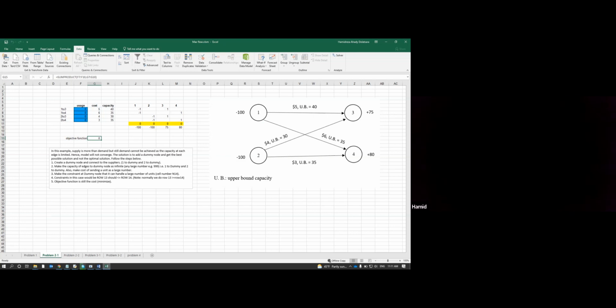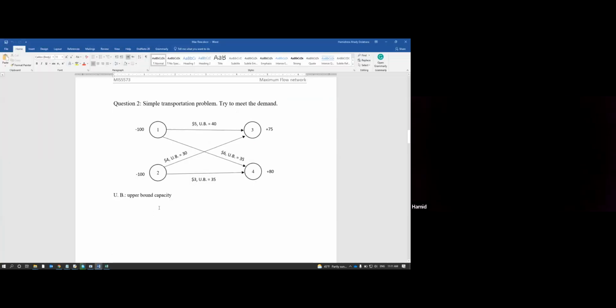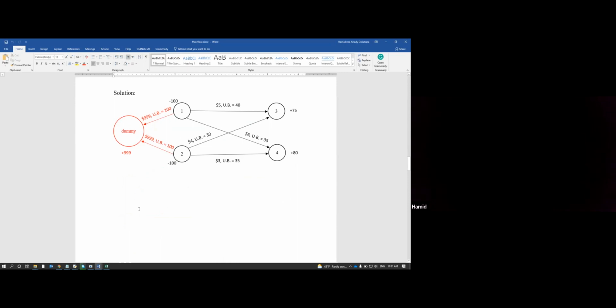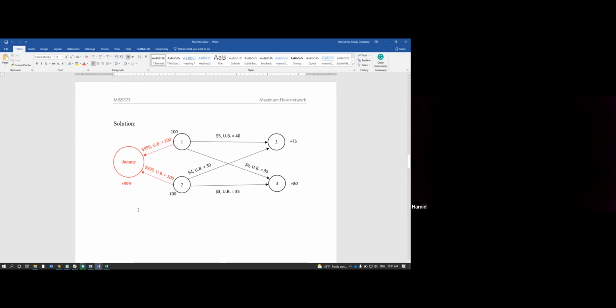So what can we do in these cases? Again, here you need to use some creativity. I'm adding virtual dummy points with a very large capacity and also a very expensive cost.